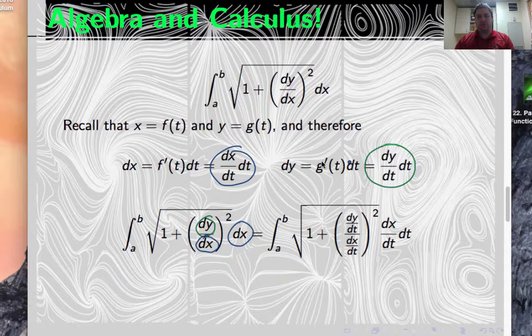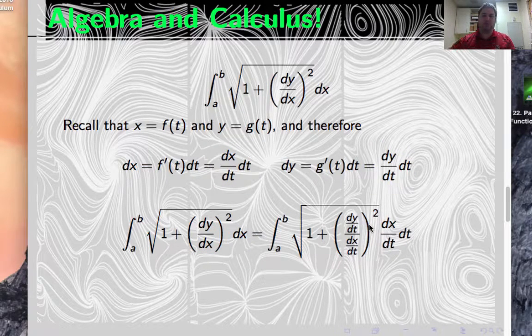These dt's after the fact. Not the ones in the denominator, but the dt's that you're multiplying by are going to cancel. And so inside of the radical, you're going to have dy/dt over dx/dt, and that whole thing is squared. And then this outside dx is turning into dx/dt times dt. Okay, so that's just a substitution, but it's a really weird-looking substitution.